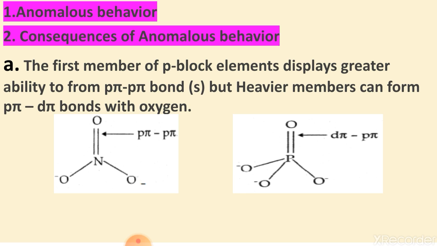So look at the example. Nitrogen forms p pi bond with oxygen, but phosphorus can form d pi bond with oxygen.